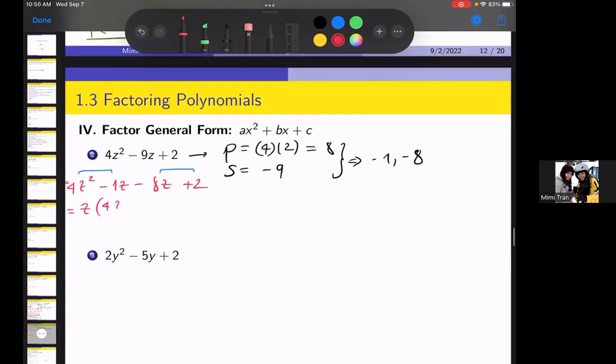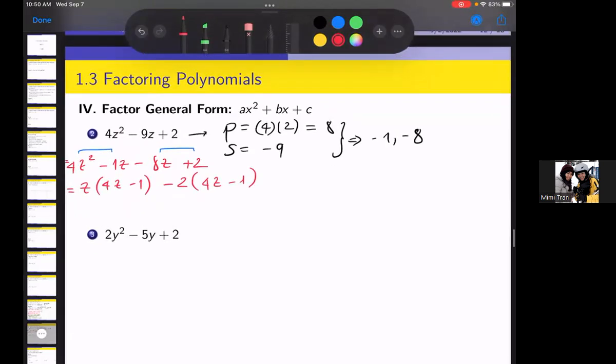So I got 4z minus 1. Factor out -2, right? I got 4z minus 1 again. Now, if you factor out just positive 2, then it should be plus 1 here, and then you know that you want to factor out the negative 2. So factor out 4z minus 1 again, and I got z minus 2.